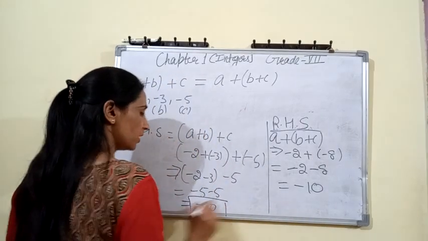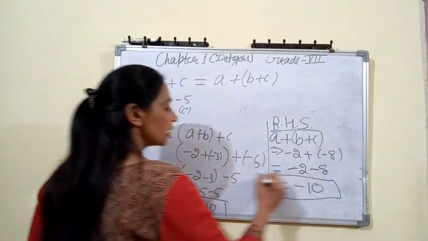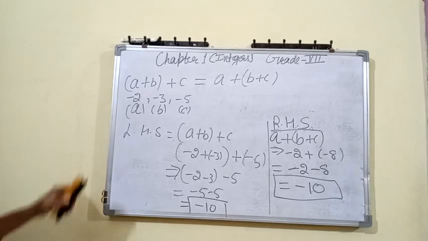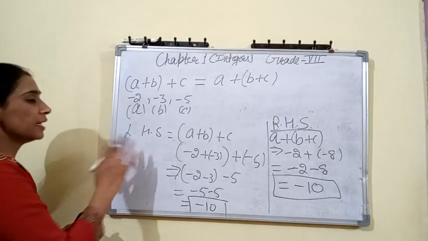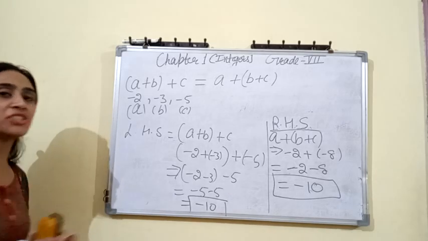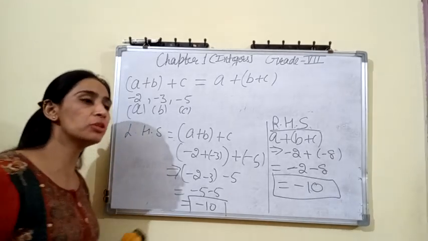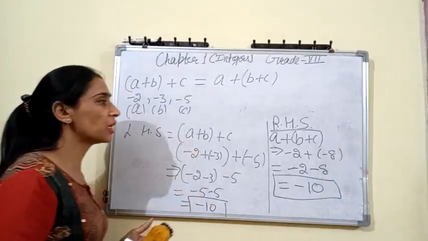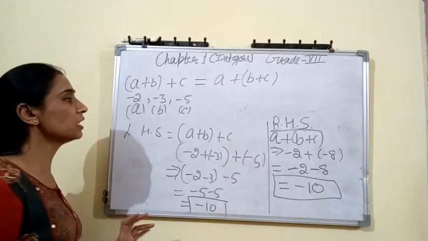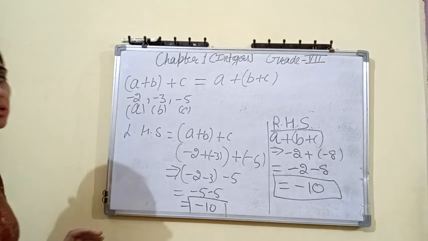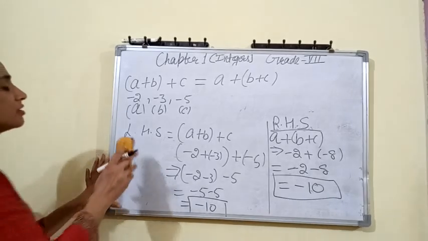Both are the same? Yes. So we can say integers are associative under addition. When you check this for subtraction and change the order, your answer will be different. So you will say integers are not associative under subtraction.